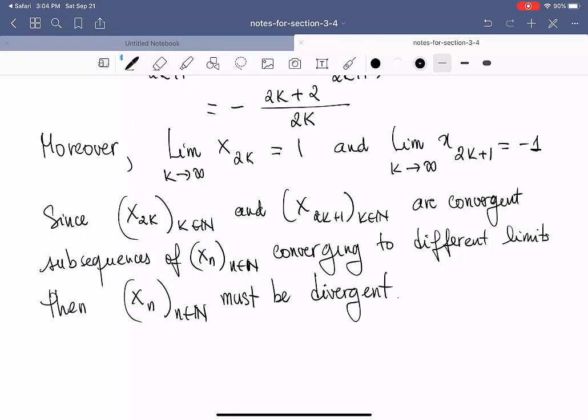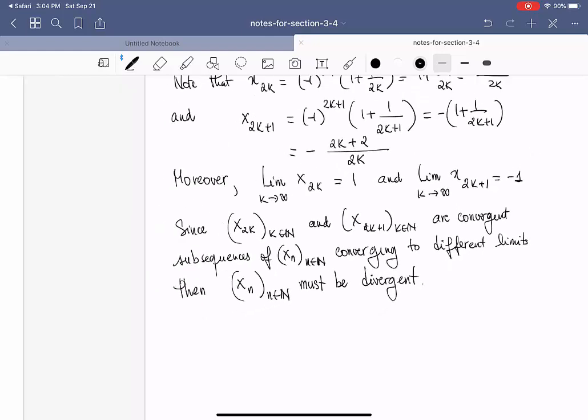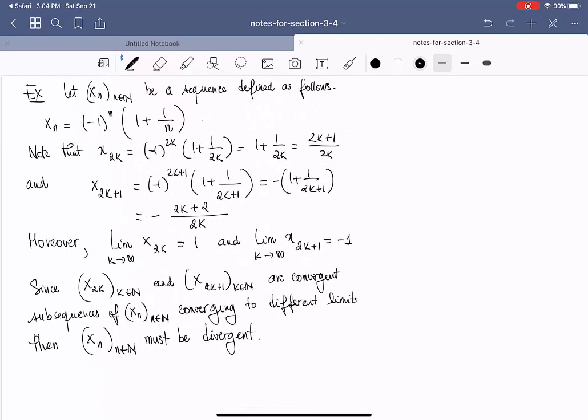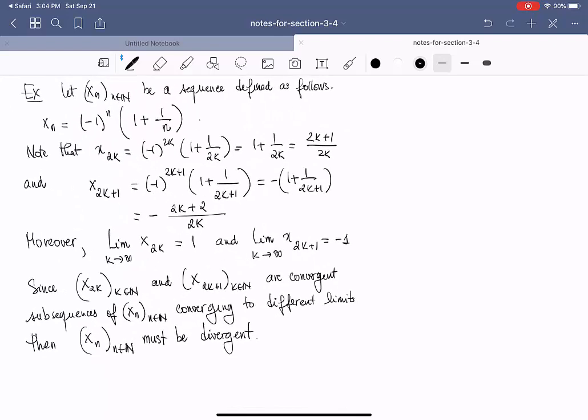Okay, so the fact that we were able to construct two subsequences which are converging to two different limits allows us right away to conclude that the parent sequence itself must be divergent.